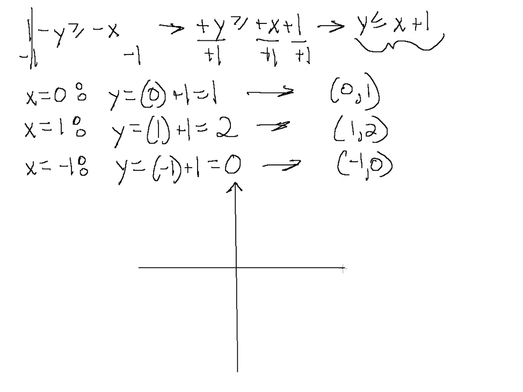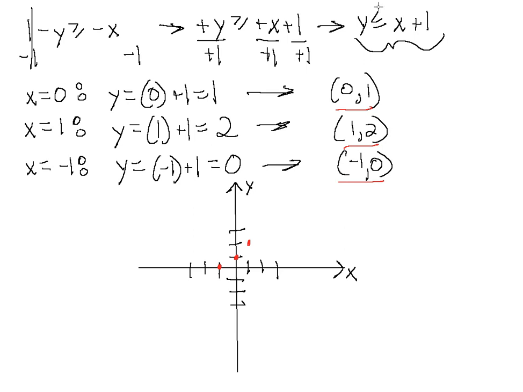Here's our y-axis, here's our x-axis. Our first point is (0, 1). That's right here. Our second point is (1, 2), right here. Our third point is (-1, 0).